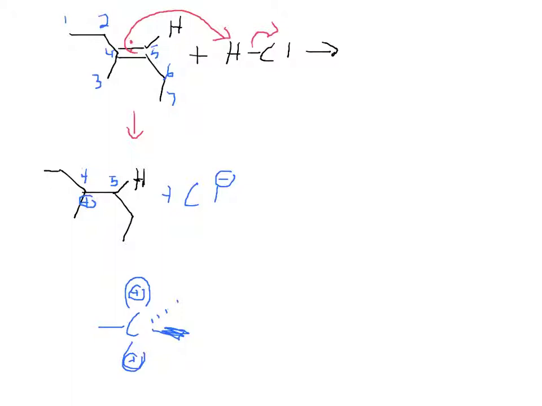Nope. So we're going to get both products, both enantiomers. This is tough because we have to draw both enantiomers, because we're forming a stereocenter, an asymmetric stereocenter.